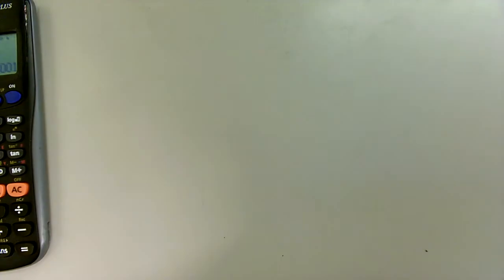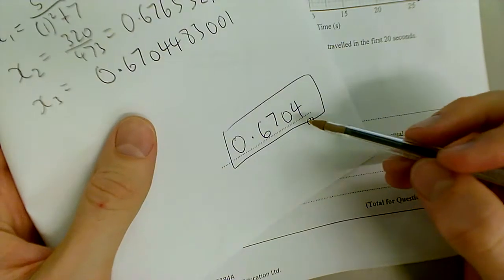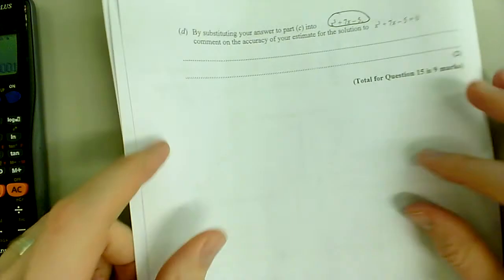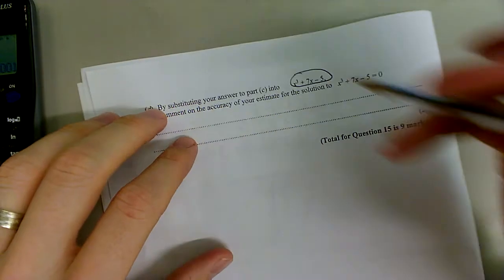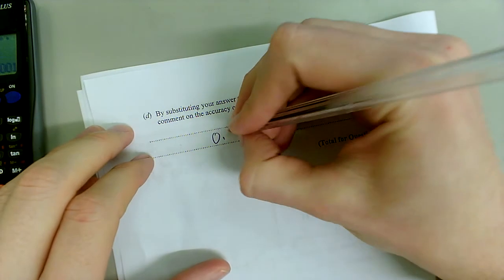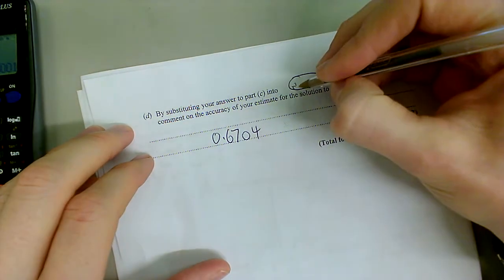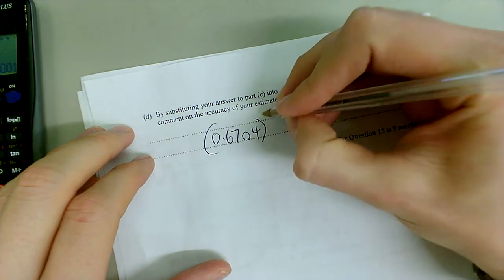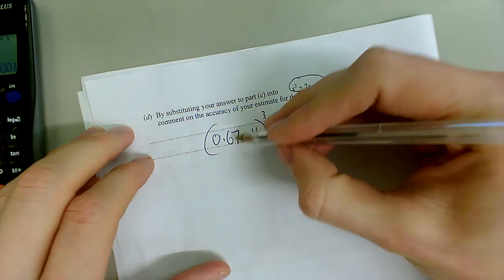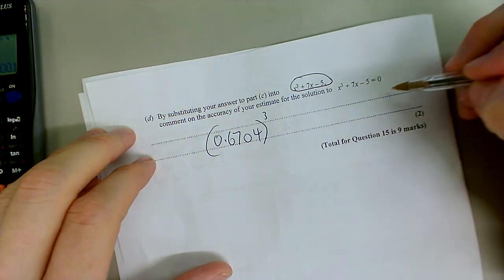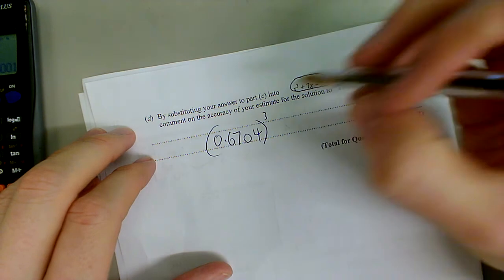So the previous page, when I did this answer, I put it in as 0.6704. So, if I use that now, 0.6704, I'm just going to write it here so I don't forget it. I'm subbing it in, so instead of x cubed, I'm doing this cubed. This is my estimate for the solution. Let's see how close it actually gets us to 0.